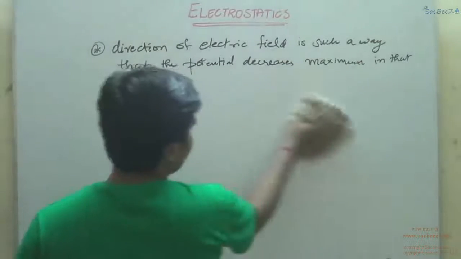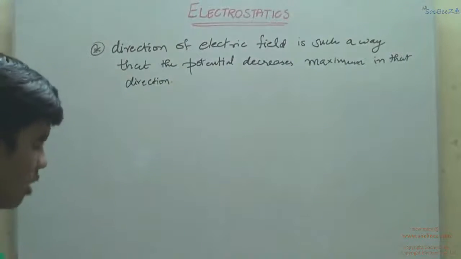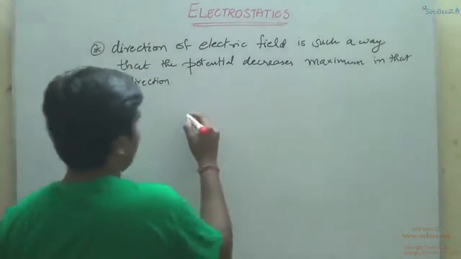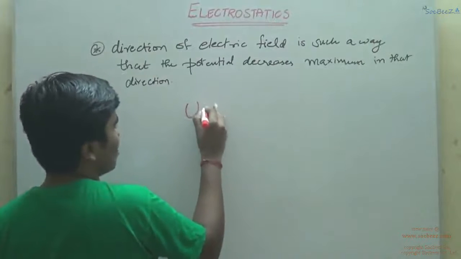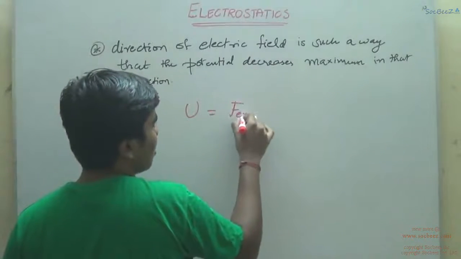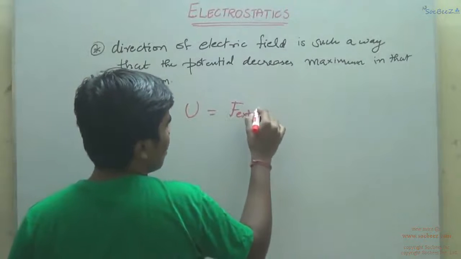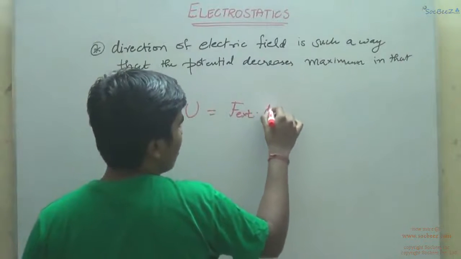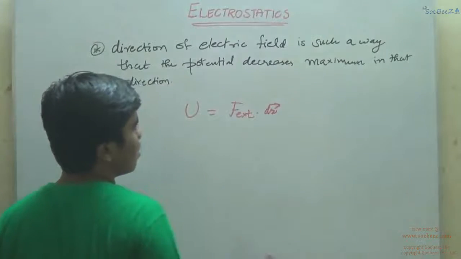Now why is it so? We know that the potential energy U is equal to force external dot dr, right?